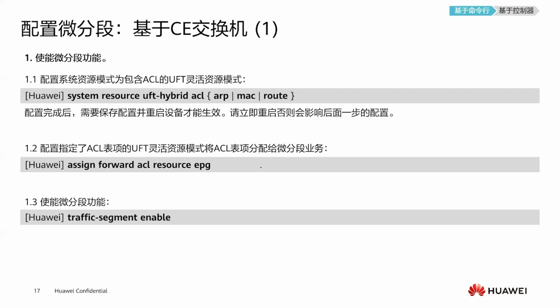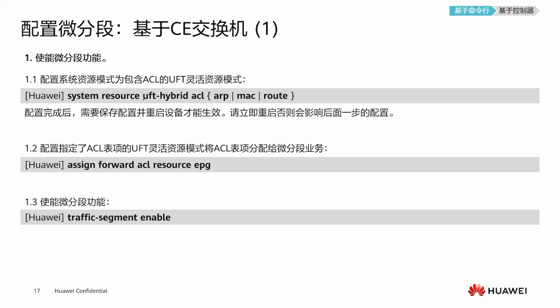Thus implementing this, let's take a simple look at the configuration. There are 2 methods. One is based on command line configuration, and the other is based on controller configuration. First, let's take a look at some configurations that are essentially basic setups we need for microsegmentation, which are not very closely related to its own business configuration.